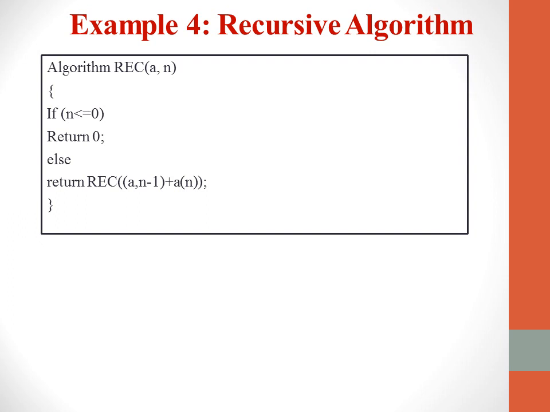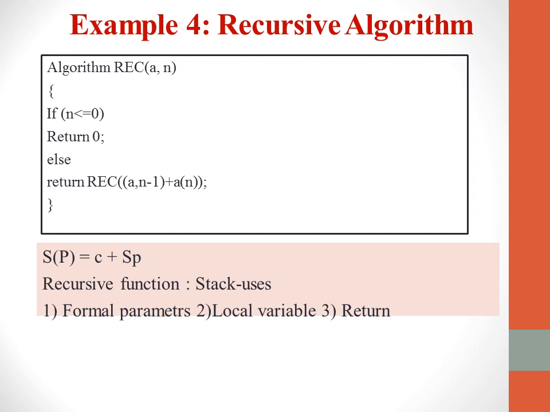So at least from the statement return REC(a, n minus 1, a of n), I can verify that 3 variables, 3 byte codes will be required for these 3 variables. And then we'll think upon how far this recursive function will work. It depends upon the value of n. So when a recursion is there, a stack concept comes into the picture.